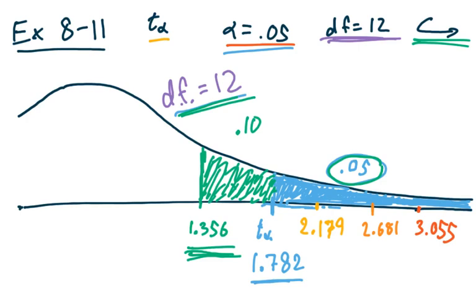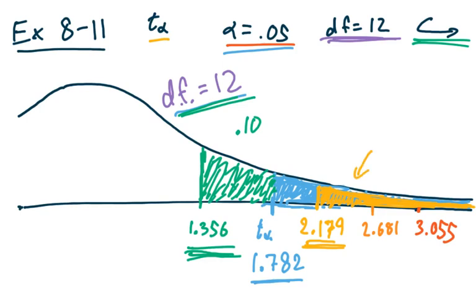All right, similarly, we won't be able to know exactly, unless they tell us one of these specific values here, 1.356, 1.782, 2.179, we won't be able to get the exact area underneath the curve. And so this is what we'll do instead if we have to do the p-value method. We'll talk about that just a little teeny bit right now. So what is this area right here underneath the curve to the right of 2.179?